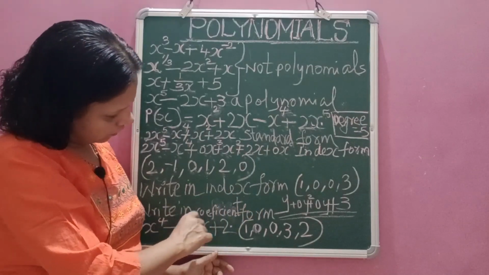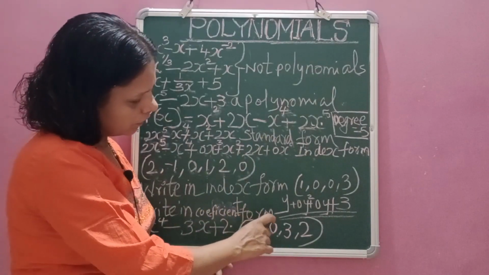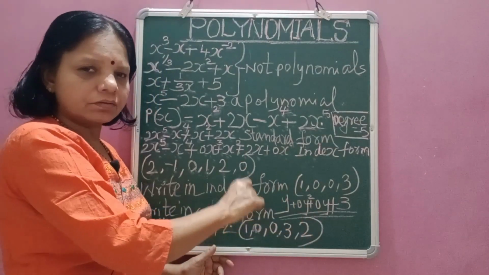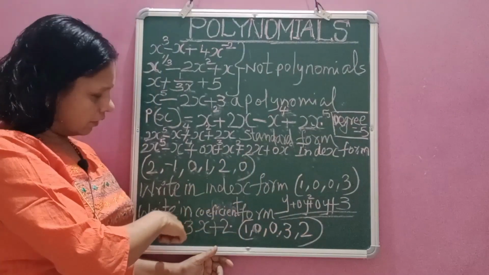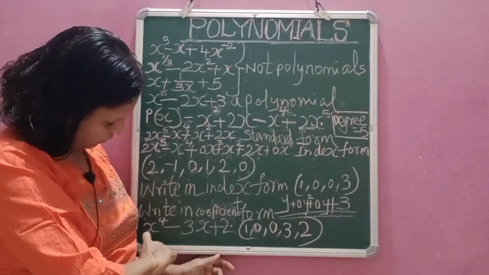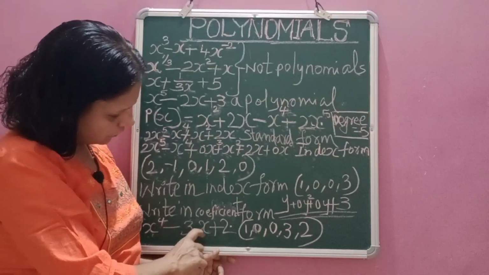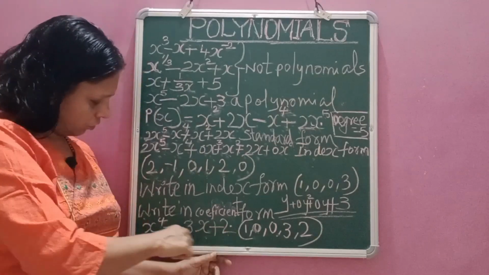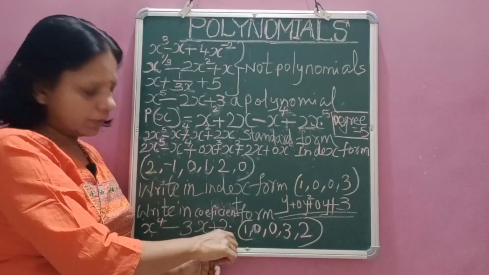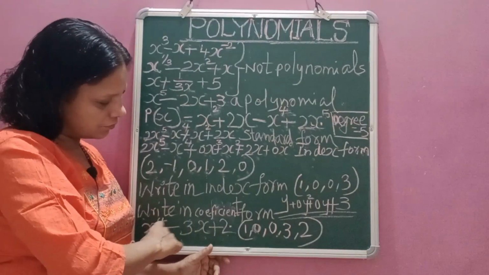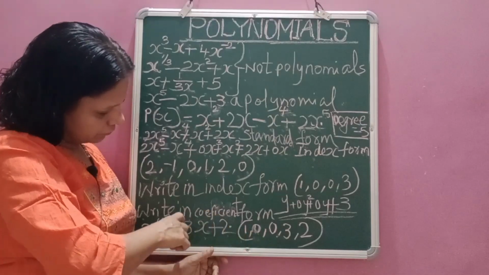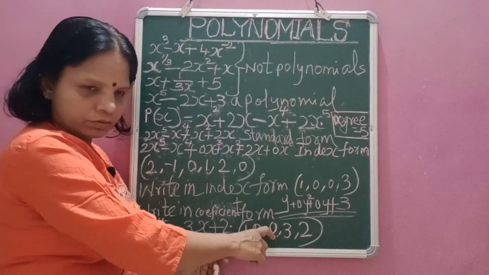Now, write the index form into coefficient form. For that, what you have to do? Take out the coefficients. See, x raised to 4 minus 3x minus 2. So you have to show all the indices. x raised to 4 is the highest one, 1. Then cube is not there, 0. Again, square is not there, so 0.